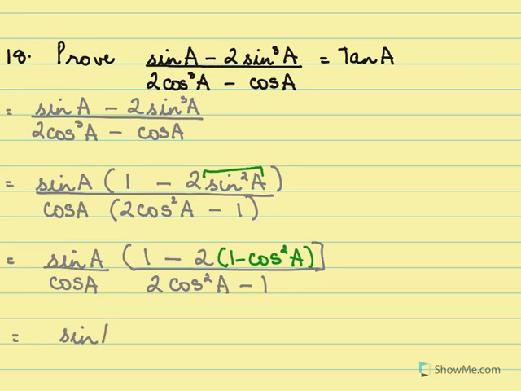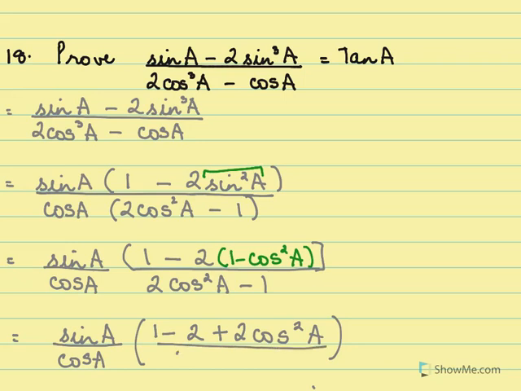Now next, sine A over cos A, open the bracket, 1 minus 2, minus into minus plus 2 cos square A. Denominator I write as it is, 2 cos square A minus 1.